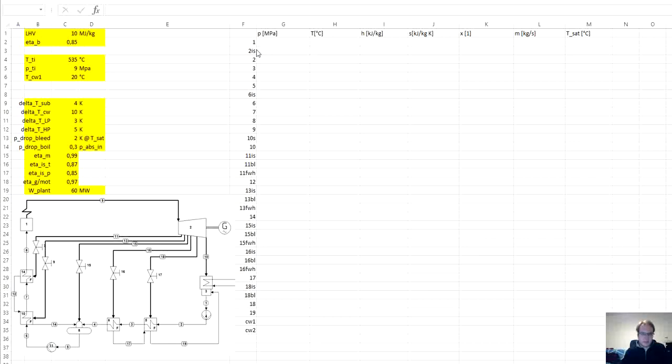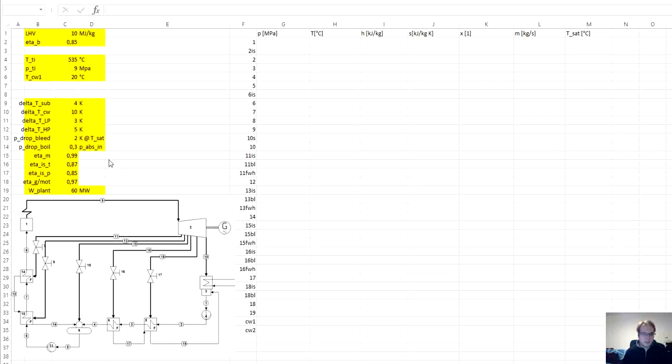Which means node 1, after pump, again isentropic point 2, then actual point 2, or for example for the turbine bleeding nodes, we have here node 11, but we have 10, then 11 isentropic, 11 bleeding, and then 11 going to the feedwater heater. So isentropic is auxiliary, bleeding is before the pressure drop, it's actually at the outlet of the turbine, and then the point at the inlet of the feedwater heater.